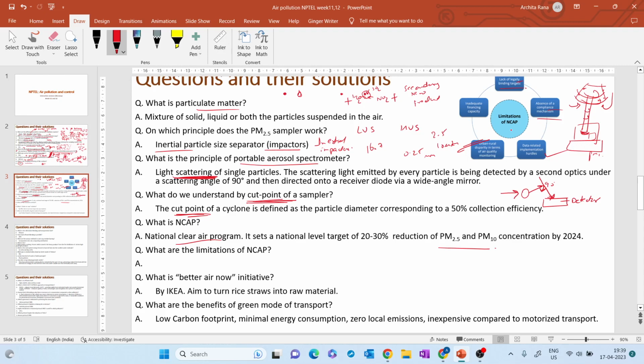Next, in an extreme rural or remote location, you will not find the engineers who will set this up and then take measurements every day.